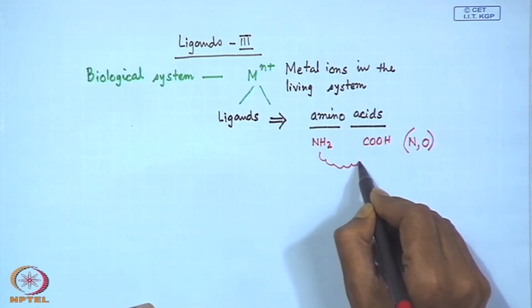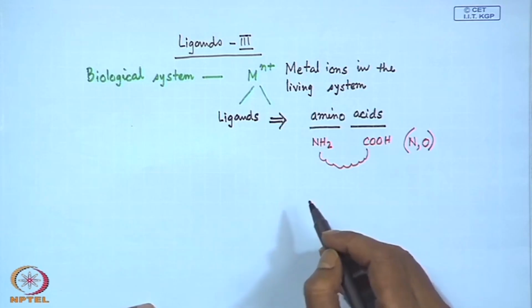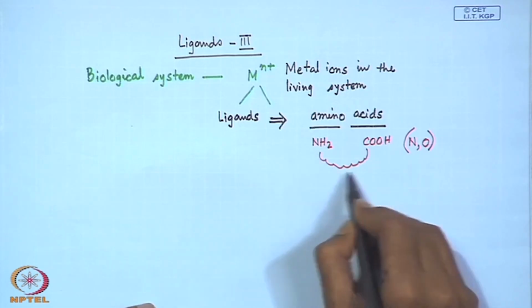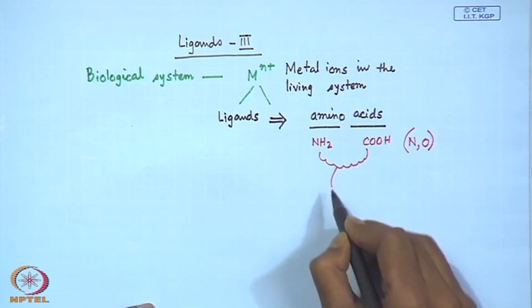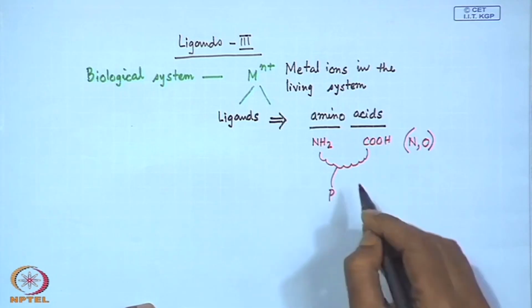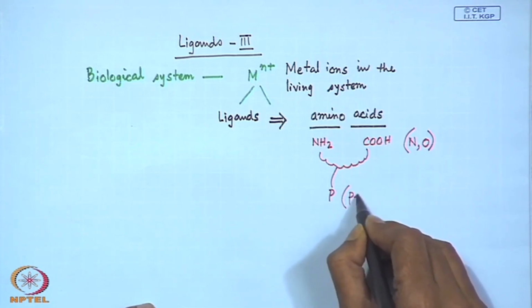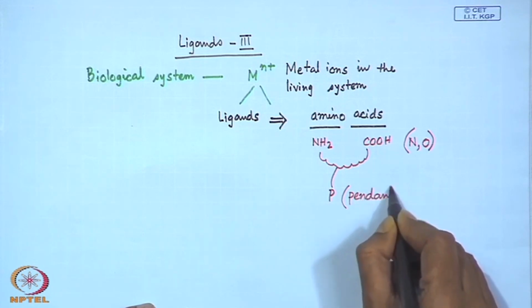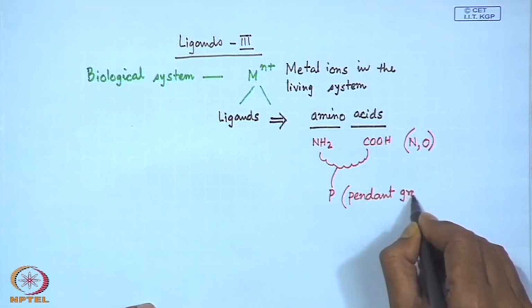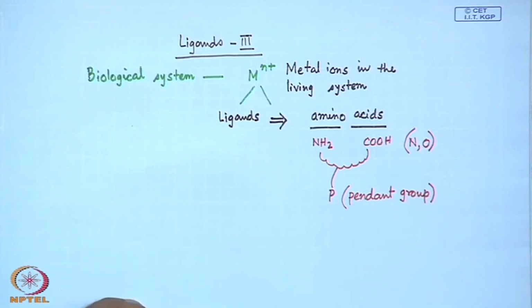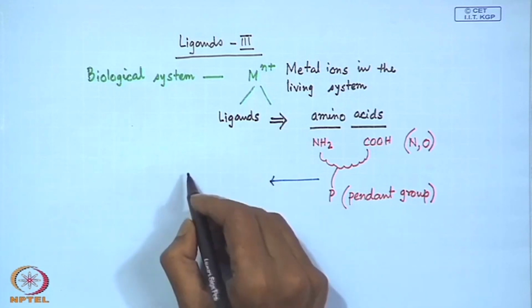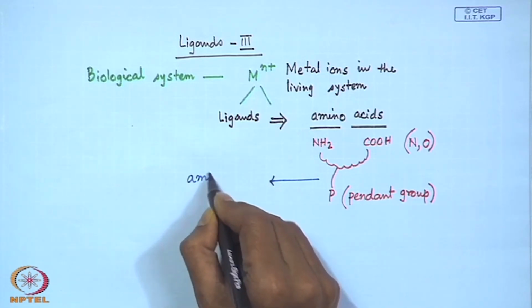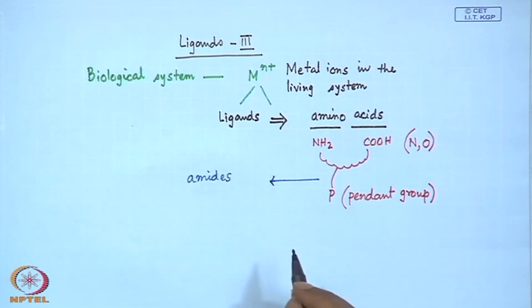And apart from that, this is the corresponding amino acid sequence. If you can have the long chain which is connected between this NH2 and COOH function, then we can have some pendant groups as well. So, these basic amino acids as well as their condensed products, that means amides, are there.